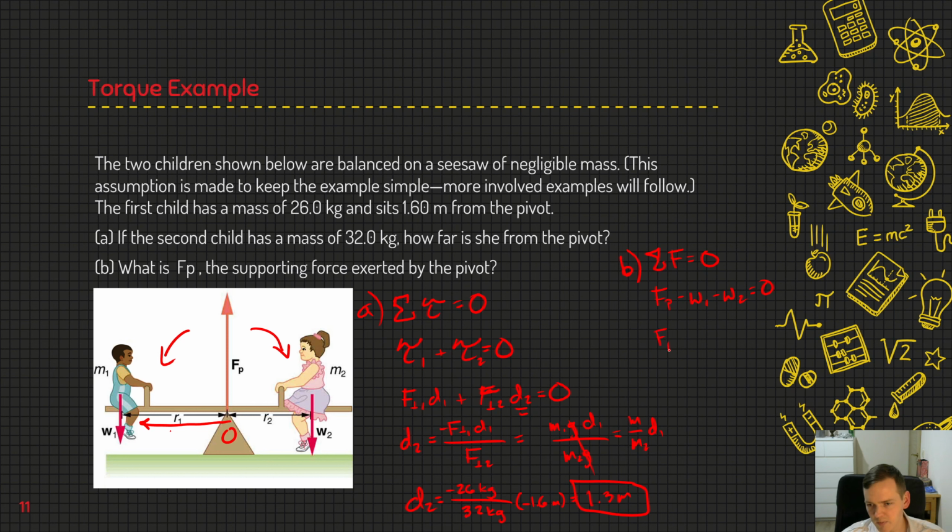In other words, Fp equals W1 plus W2. In other words, Fp equals m1g plus m2g. If you plug in all those values, you're going to get 568 newtons. So that's the rough idea here behind torque and equilibrium.